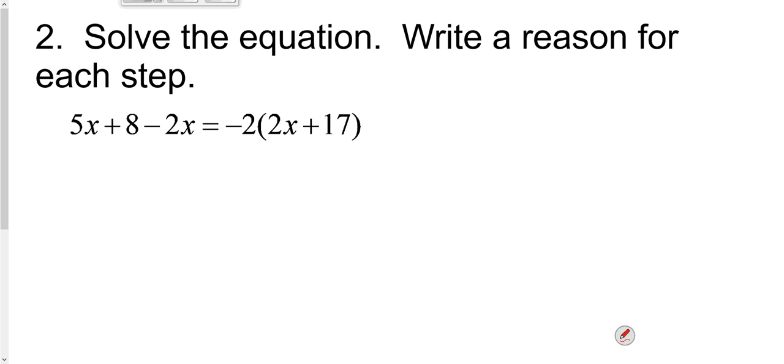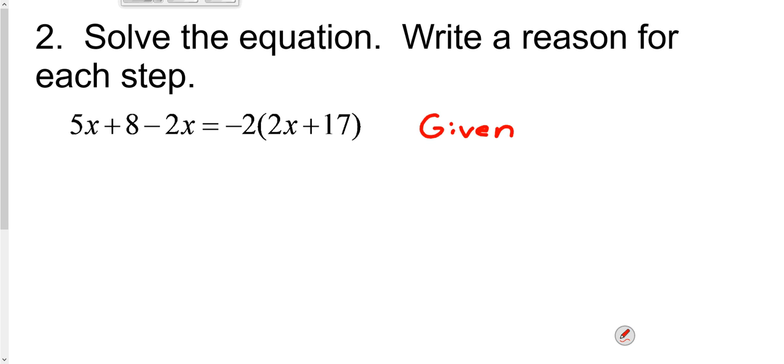So solve the equation and write a reason for each step. So we have 5x plus 8 minus 2x equals negative 2 times (2x plus 17). So that would be our given statement. Our given information, our known information.